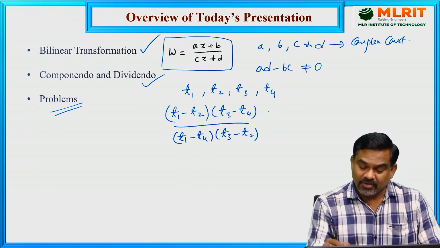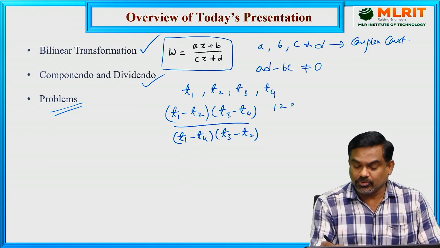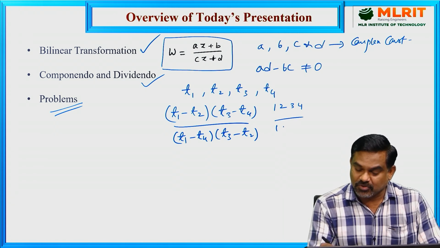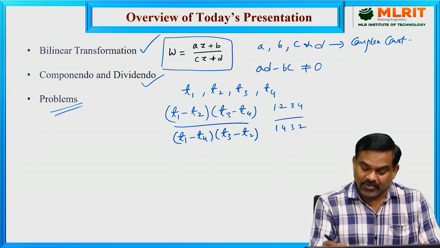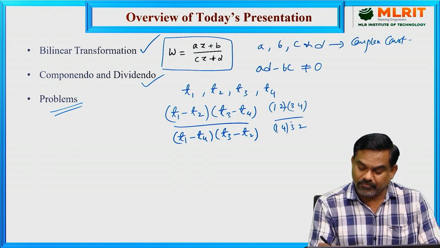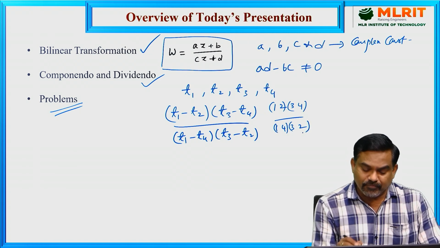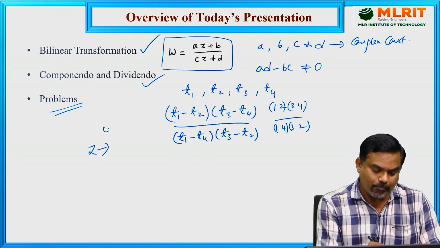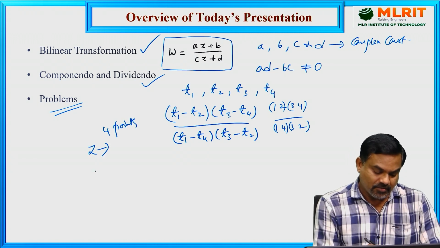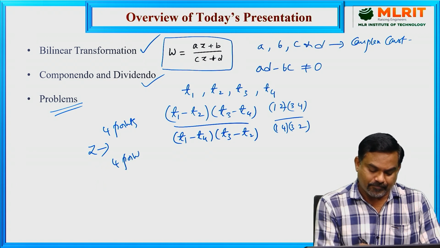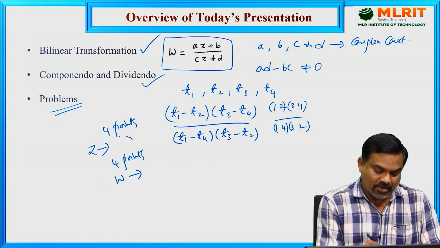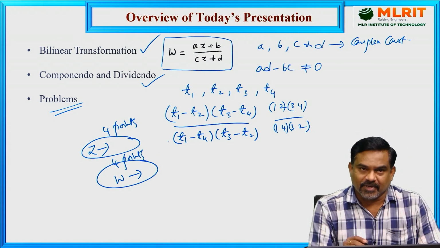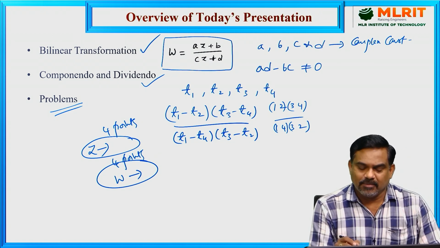Simply, we follow the order 1, 2, 3, 4 in the numerator and then interchange the 2 and 4 elements, so 1, 4, 3, 2. So if we have 4 points for Z and 4 points for W, then the cross ratio of these two will be the same. These points were discussed in the previous session.